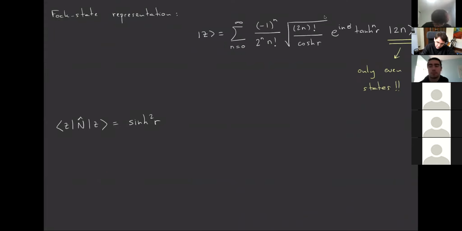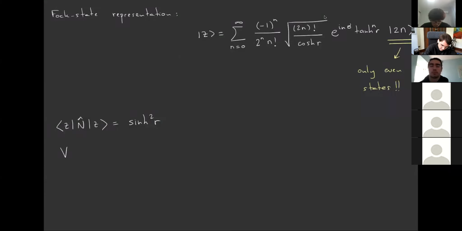It's always important to check limits. When r goes to 0, which means that you are not applying squeezing, the hyperbolic sine is 0. So we get 0 expectation value of the number, which corresponds to the vacuum state. That looks good.